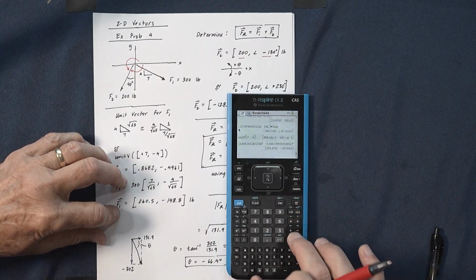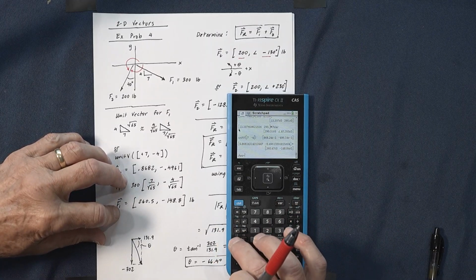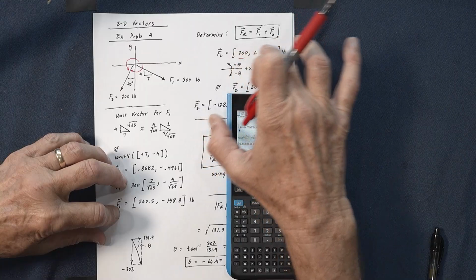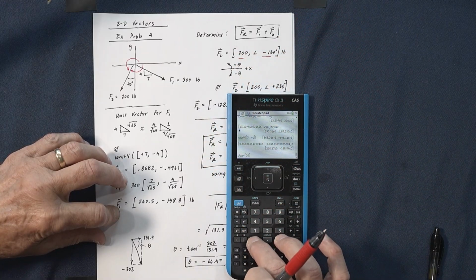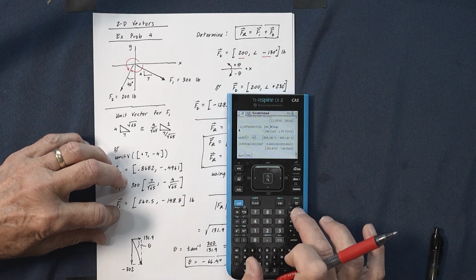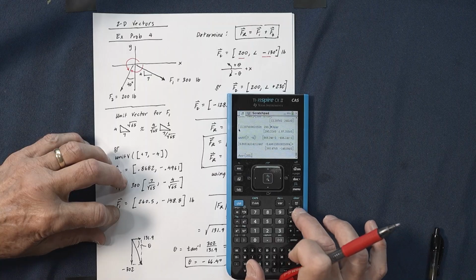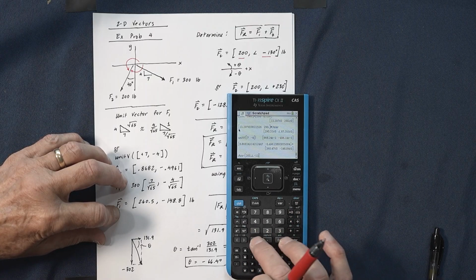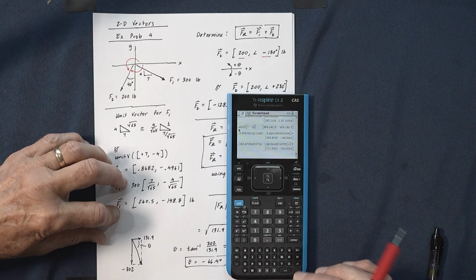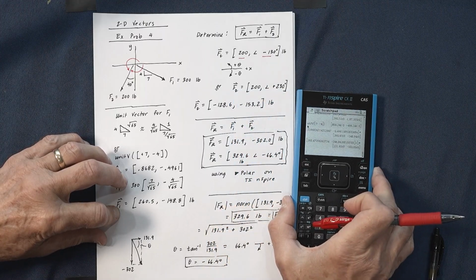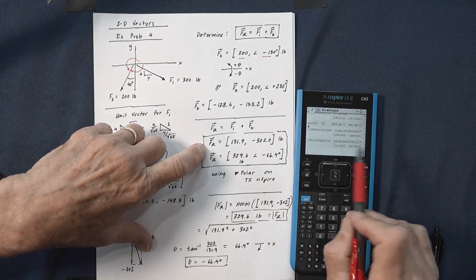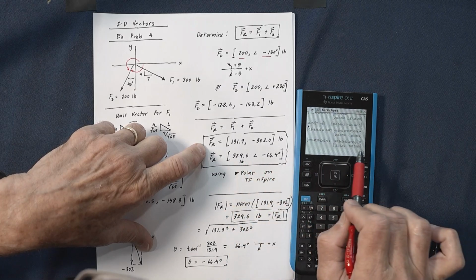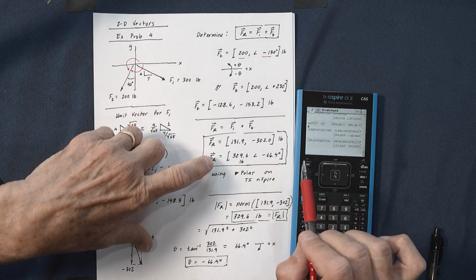So I'm going to take this and add control square bracket, this one, which is 200, comma, angle symbol, minus 130, enter. And if I add these two, I get my resultant is 131.9 and negative 302.